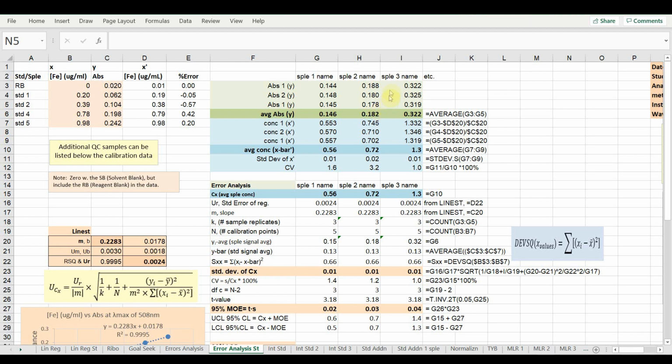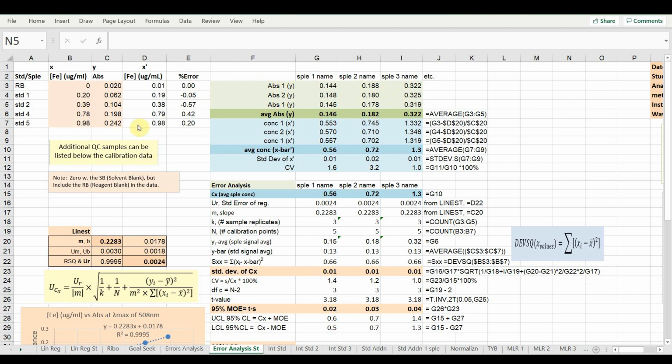But if these sample replicate absorbances are taken from different solutions, from different flasks, they indicate not only the instrument variation, but also the variation in sample preparation, probably involving pipetting, diluting, mixing, and perhaps even sample digestion if that was involved.